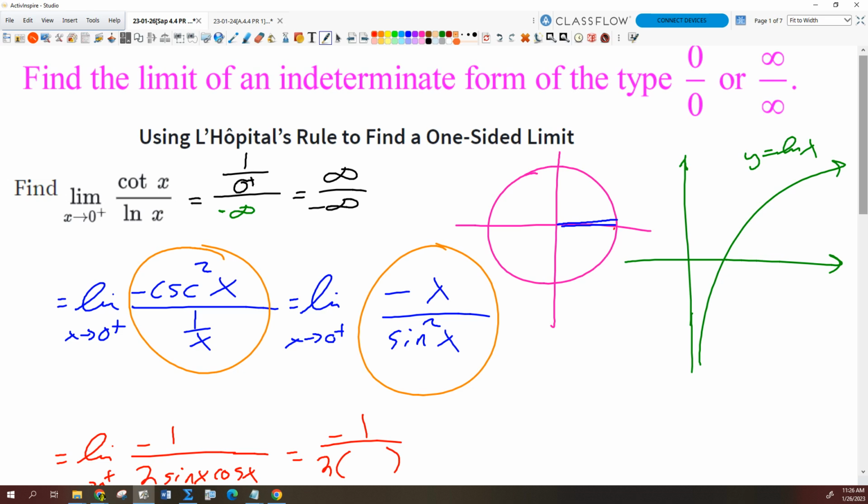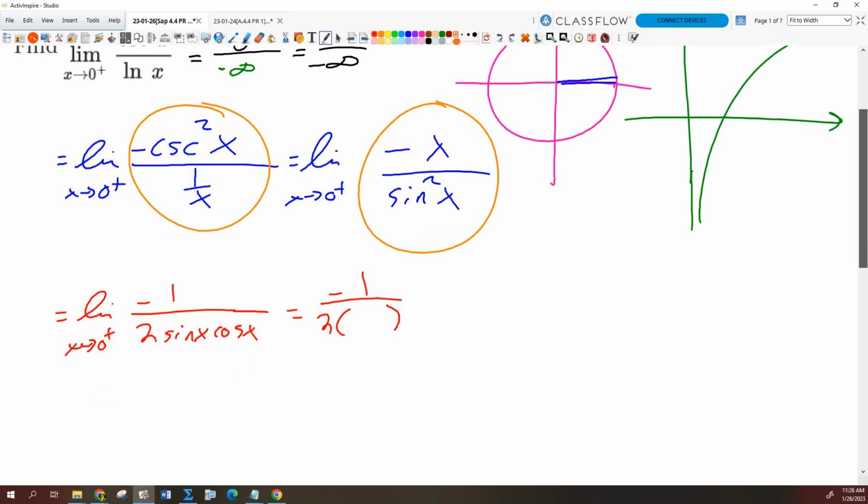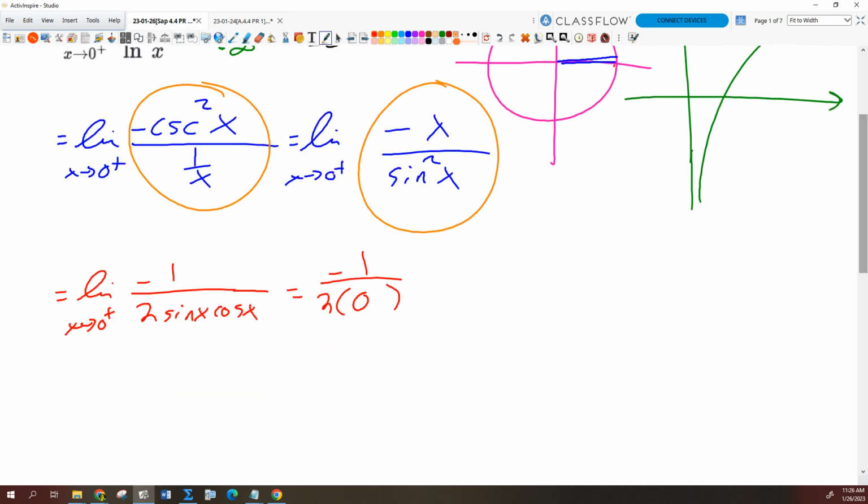Sine of a really small angle is going to give me a really small positive value in quadrant 1. Okay, so we'll just call that 0 plus. And what's the cosine of 0 plus? 1. So on the bottom, 2 times 0 plus times 1 is just 0 plus, isn't it? 2 times 0 plus is 0 plus.